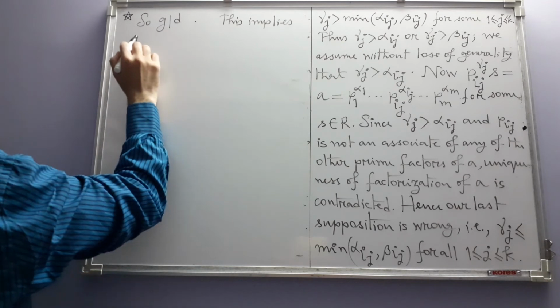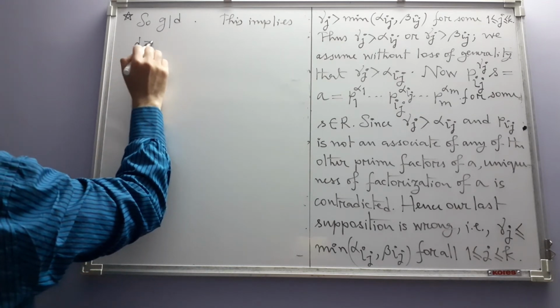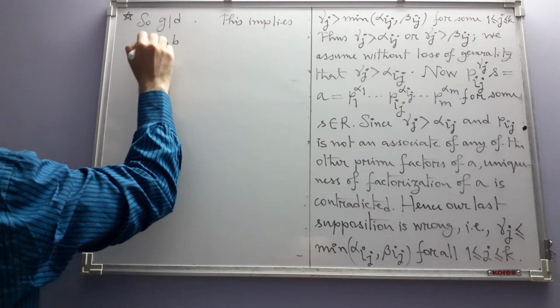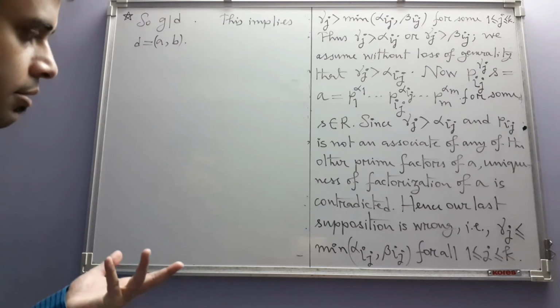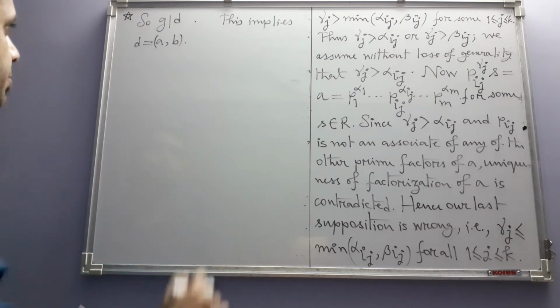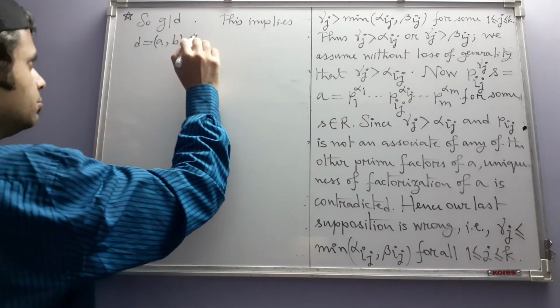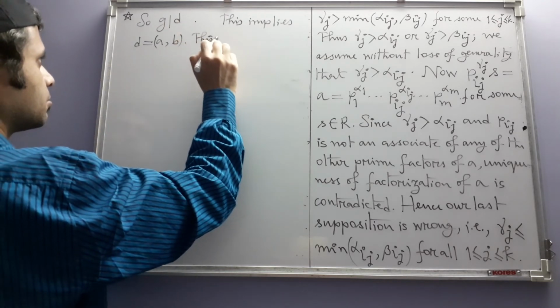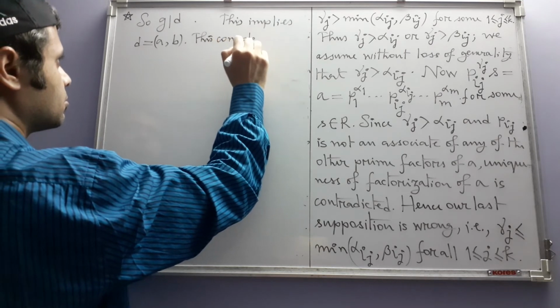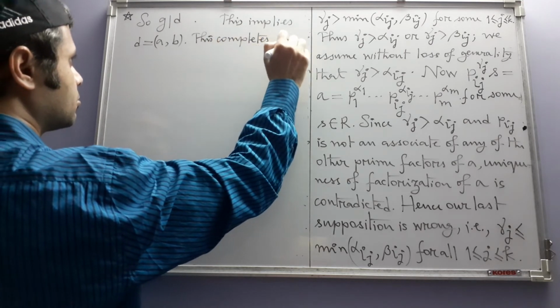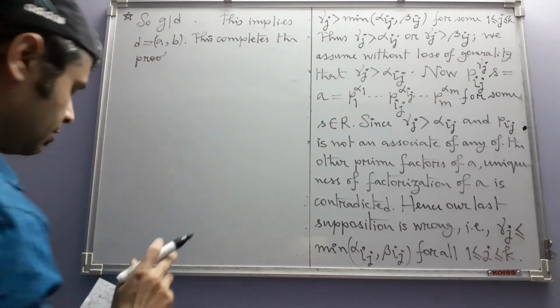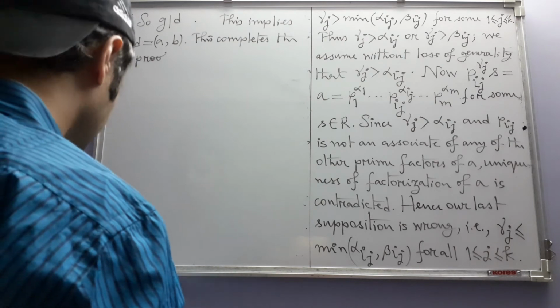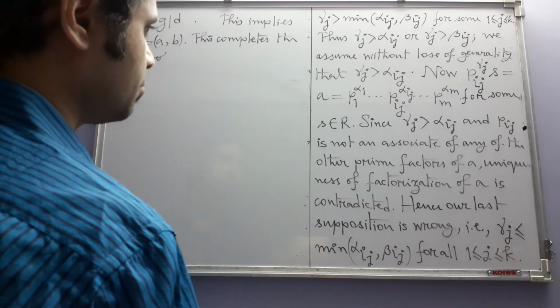This implies D is a greatest common divisor of A and B. So in all the cases we have shown that A and B have a GCD in R. So this completes the proof. No, okay, I keep forgetting things. This only completes the proof of the first part.